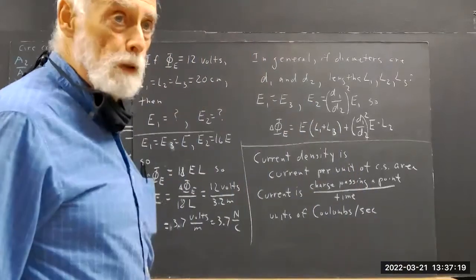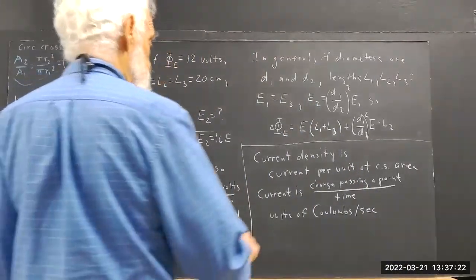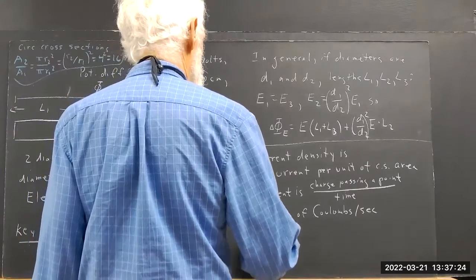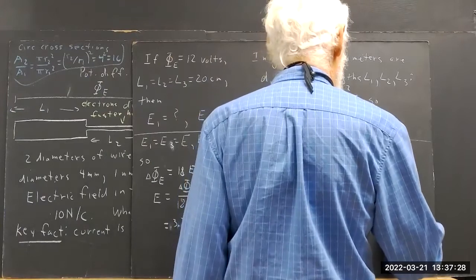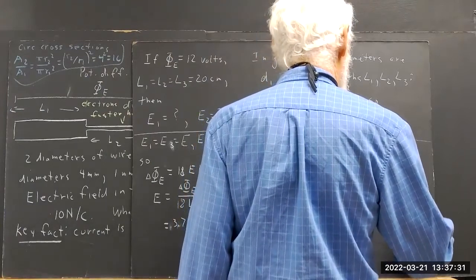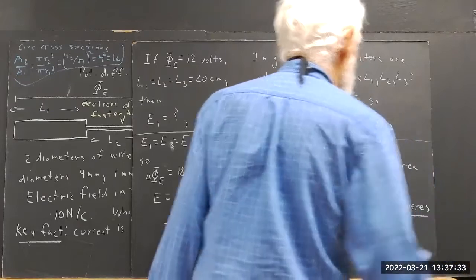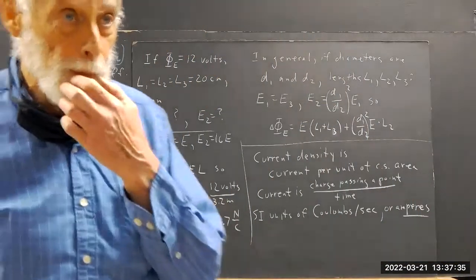The SI units are coulombs per second, or amperes, that's what an amp is.